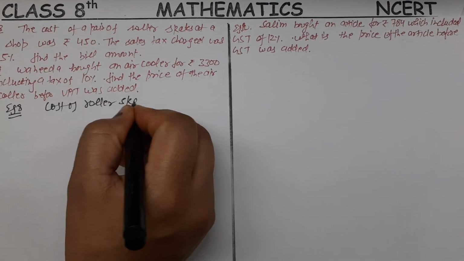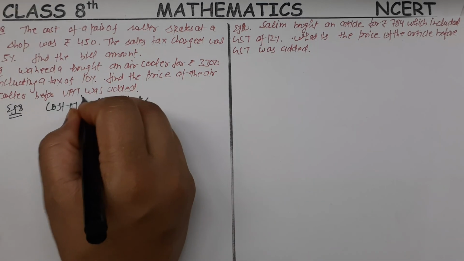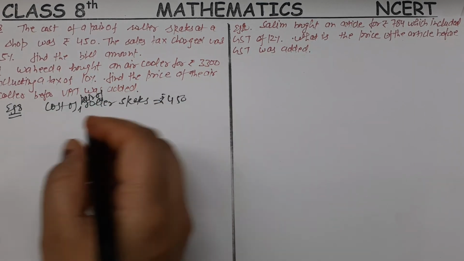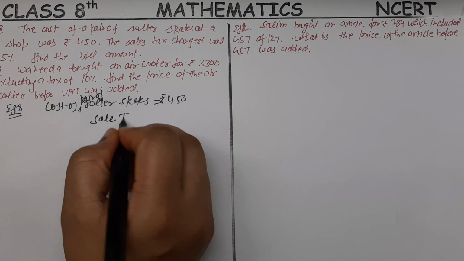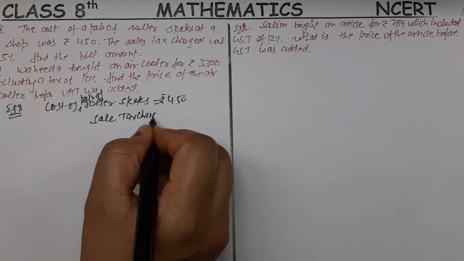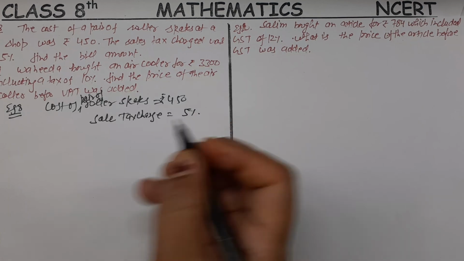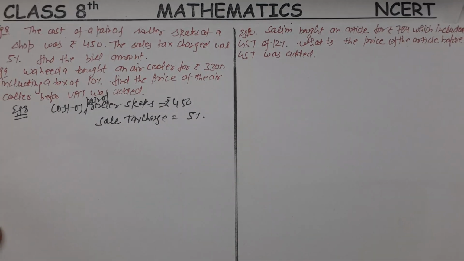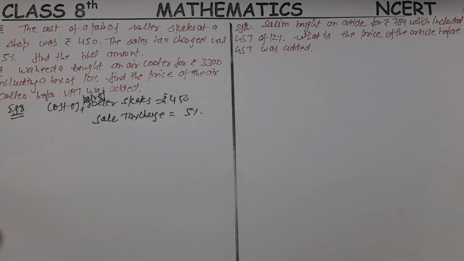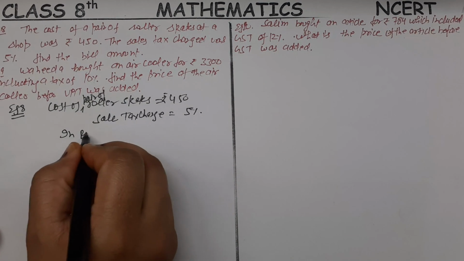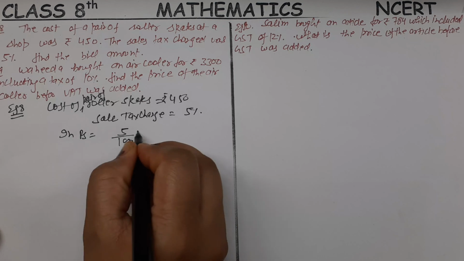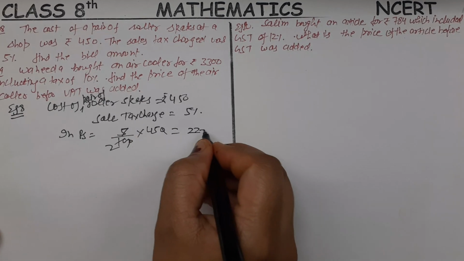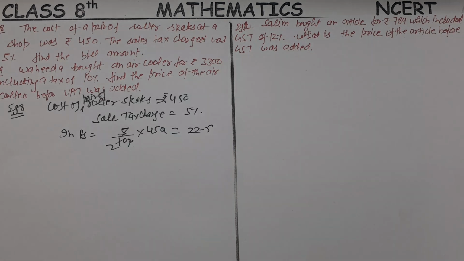Cost of a pair of roller skates, sale tax charge 5%. In rupees, 5% of 450 is 22.5.